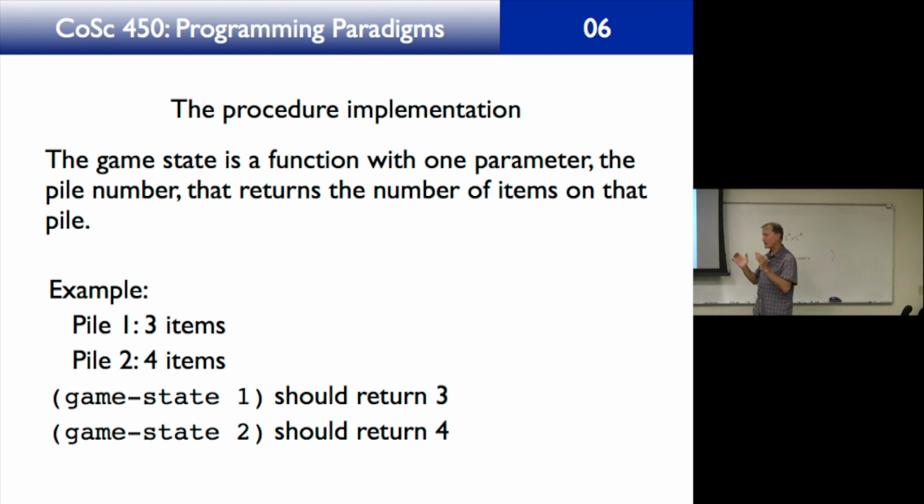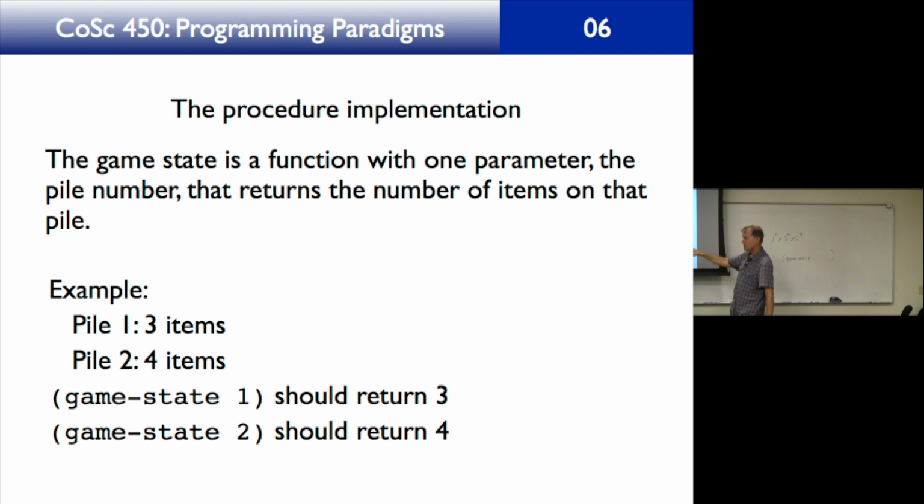So it's a different function depending on how many items are on each pile. Now let me ask you a question. Suppose I asked you to write function game state such that it was this particular one. Game state 1 should return 3 and game state 2 should return 4. Could you write that function right now?